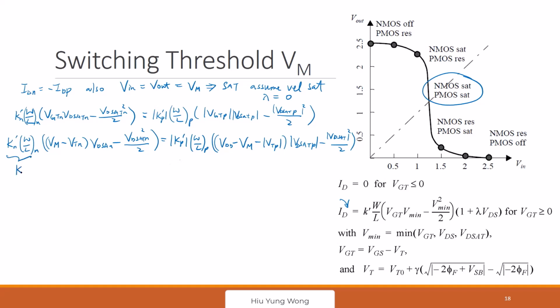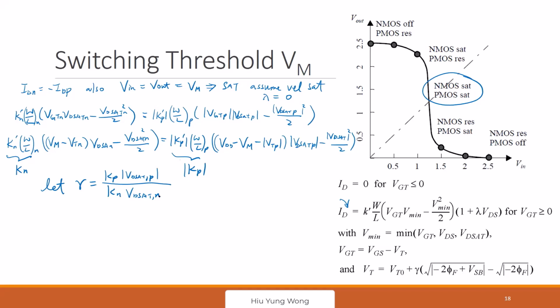This one is Kn and this one is Kp. So I say R equals Kp, not Kp dash, since Kp dash does not include W/L, times VDSATP divided by Kn times VDSATN.